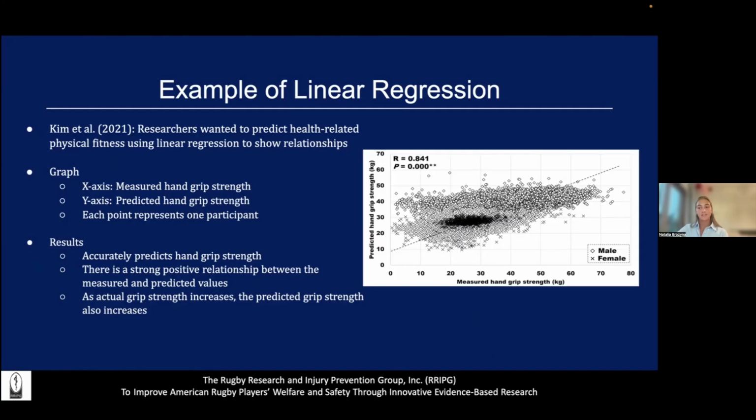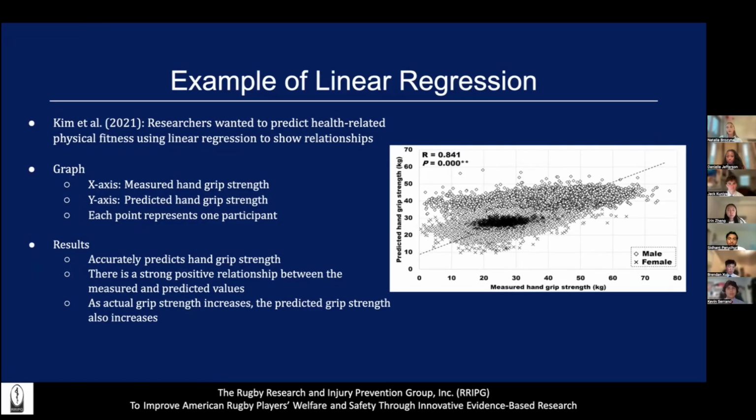This graph specifically looks at hand grip strength. The x-axis shows how each participant measured between the measured and predicted values. The correlation coefficient R equals 0.841, which indicates a strong association, and the p-value is less than 0.01, which means the relationship is statistically significant.